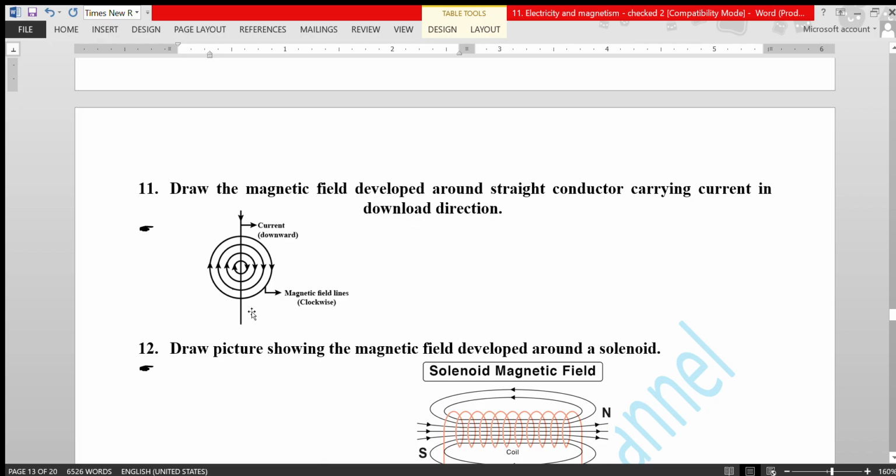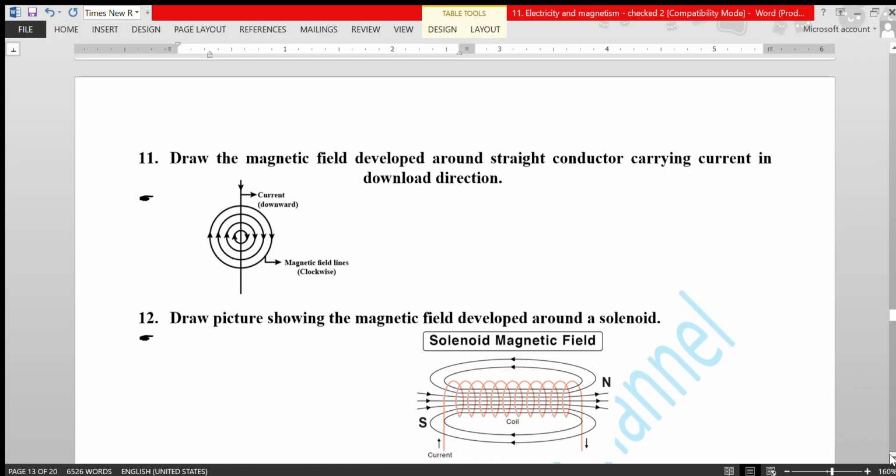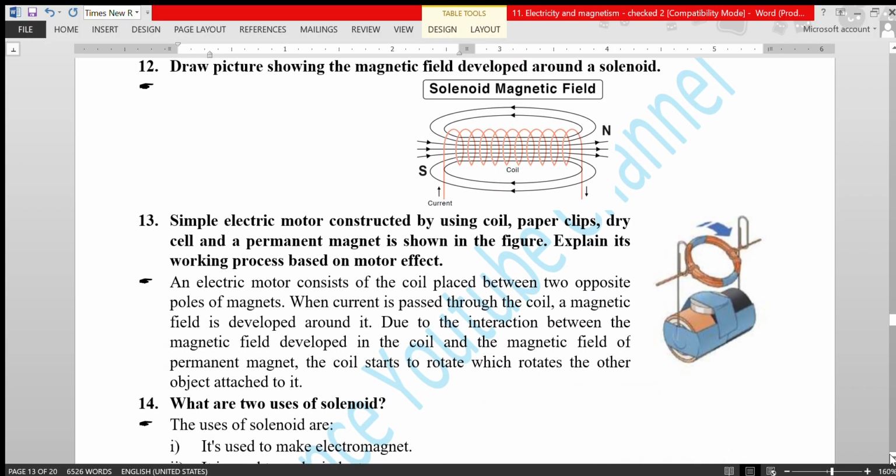When current is in the downward direction, the magnetic field is clockwise, circular. Draw the magnetic field around a solenoid. If current is going this way, the magnetic field is produced this way. If current is going the other way, here will be the north pole and here will be the south pole.